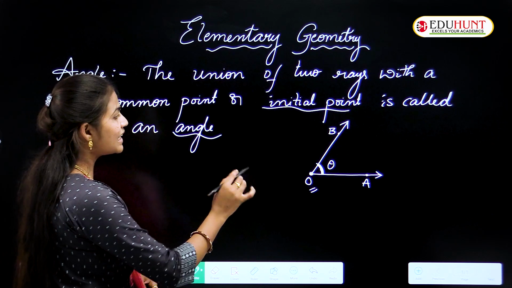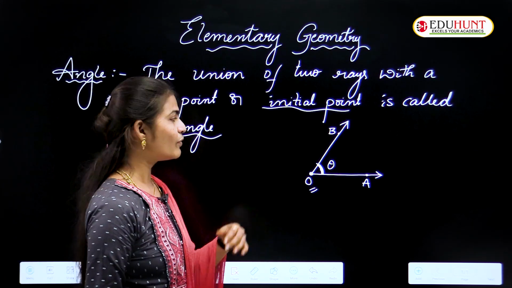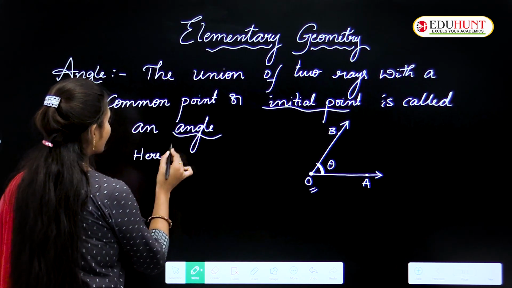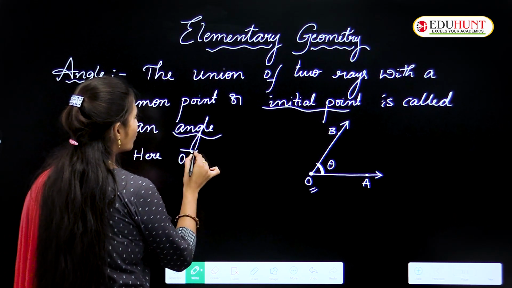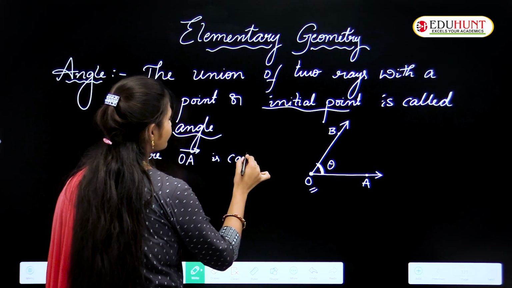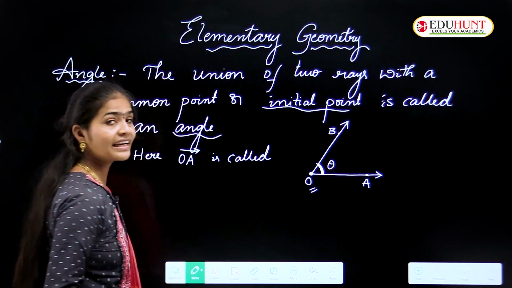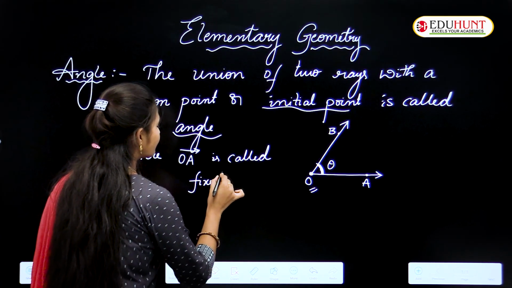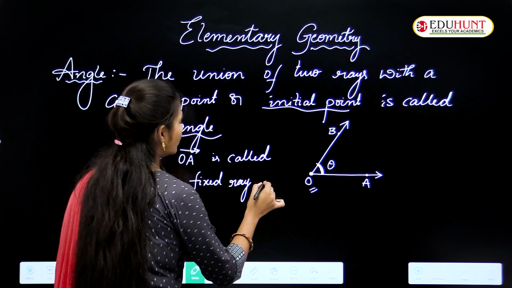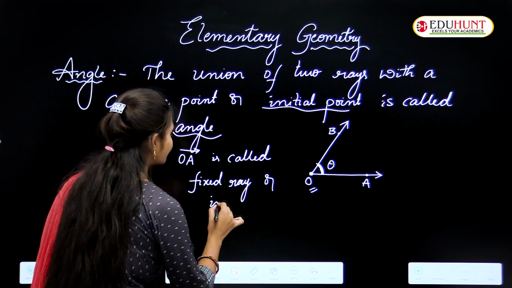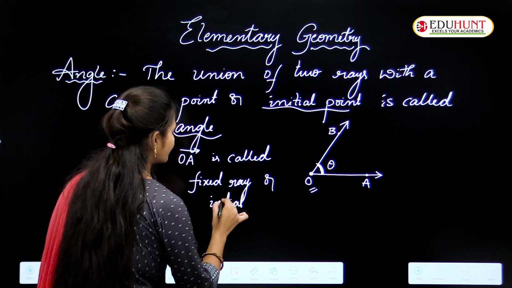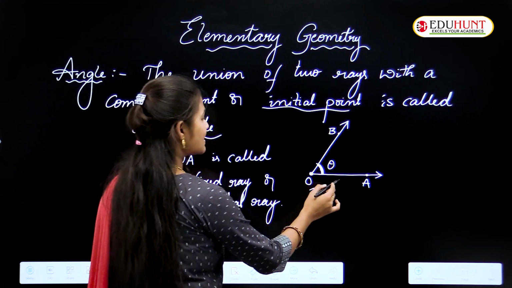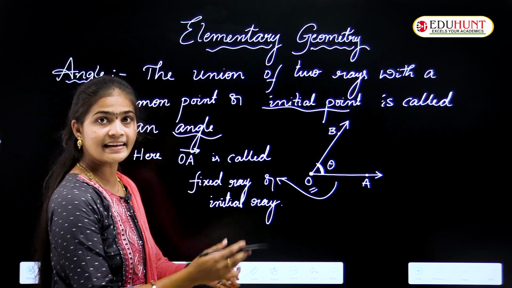Afterwards, we have two rays in that angle, and we have some names for them. The ray OA is called the fixed ray or initial ray, which doesn't move.